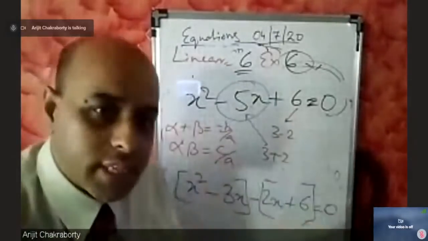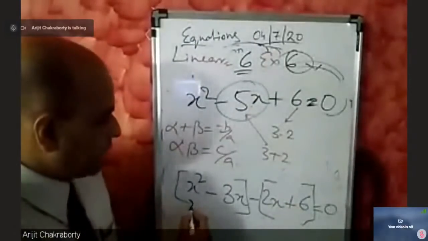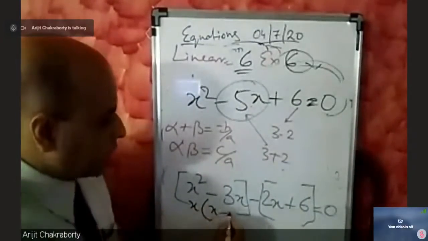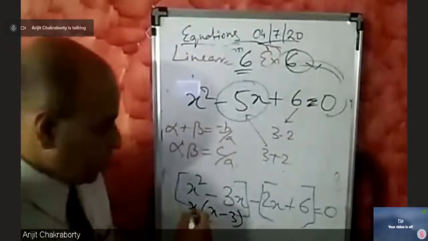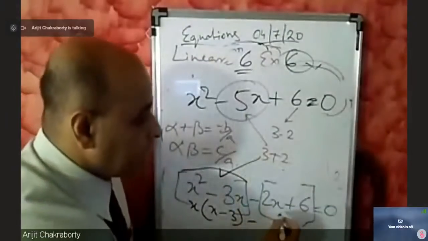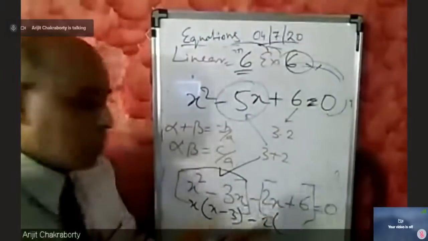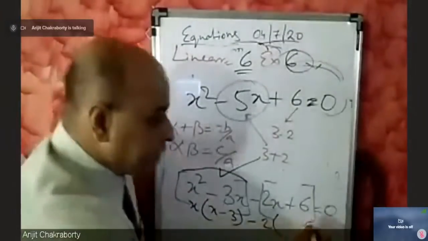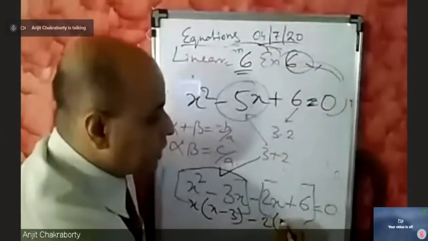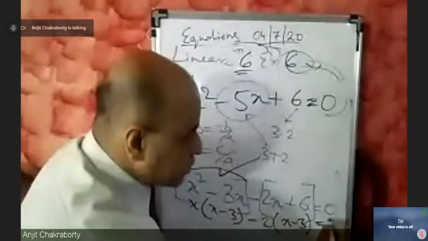From the first expression, x squared minus 3x, I am taking x common, so I am getting x minus 3. First expression is done. Minus 2x plus 6, I am taking minus 2 common. So if I now write it within bracket, there will be a change of sign. It will become x minus 3. This will be equal to 0.